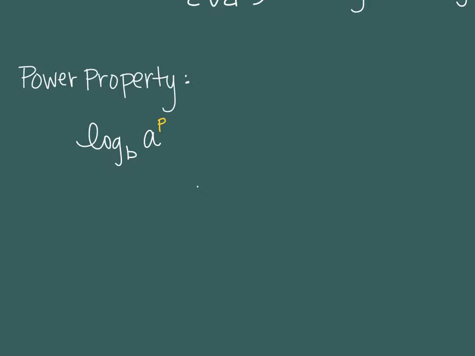The property says that you're allowed to move that power to the front. And so it would be transformed into P in front of log base B of A.